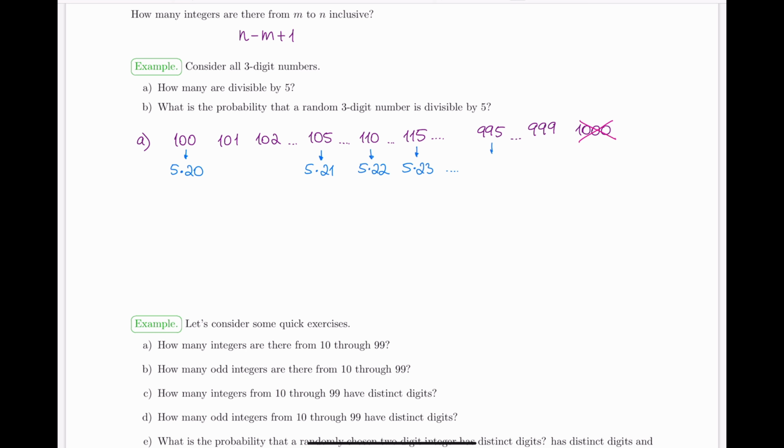Now you can pull out a calculator and figure out what 995 corresponds to, or we can be a little bit sneakier and notice that 1000 is easy to do. It's going to be 5 times 200, which means that the multiple of 5 before it will just be 1 short. So it's going to be 5 times 199.